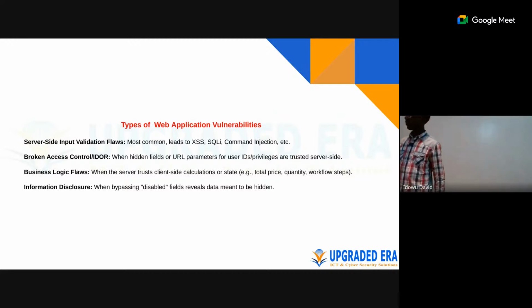Now, this is a flaw that occurs when hidden fields or URI parameters for user IDs and privileges are trusted by the server. Meaning the server does not have trust issues. The server doesn't accept any form of request just because it comes from the browser. For example, what do I mean by broken access control?